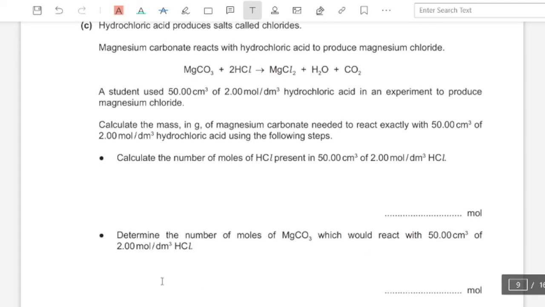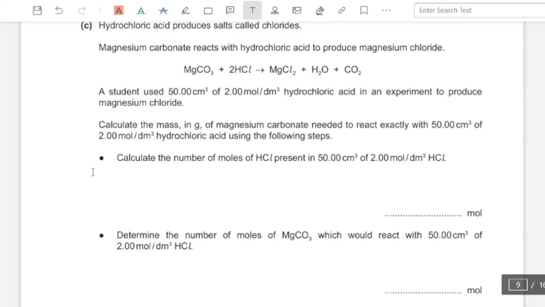Okay, so first off, we're supposed to be calculating the number of moles of hydrochloric acid in this volume and concentration. Now let's convert 50 cm³ to dm³ to multiply it with this, so we get the same units. Dividing it by 1000 gives us 0.05 dm³.